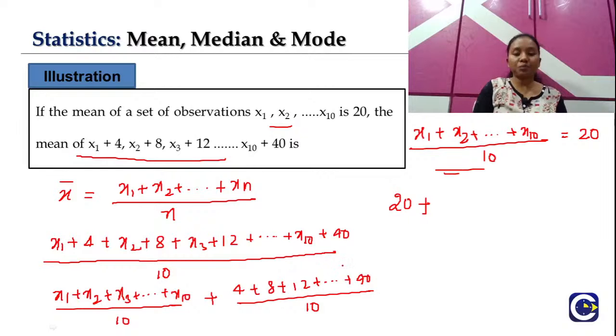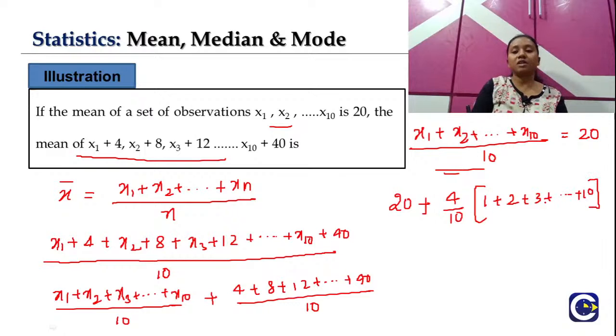plus, so here I can pull out 4 as it's common in all the terms. If I pull out 4, then it will be 1 plus 2 plus 3 plus and so on until 10. So this is the sum of the first 10 natural numbers. So this will be 20 plus 4 by 10.